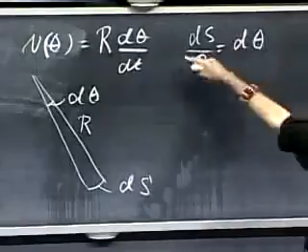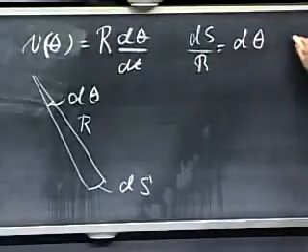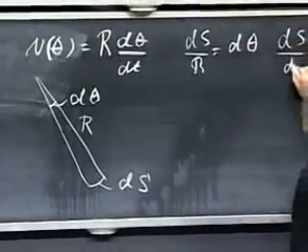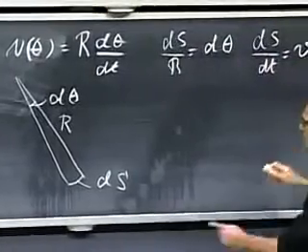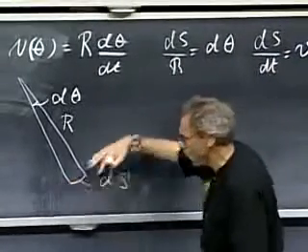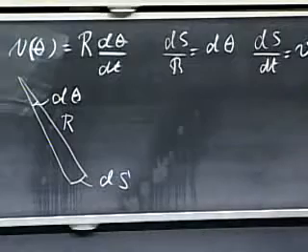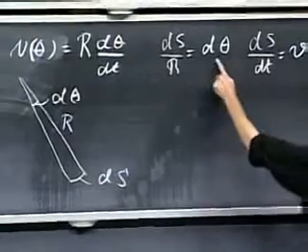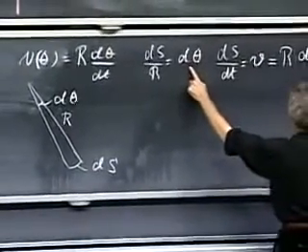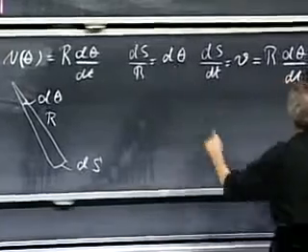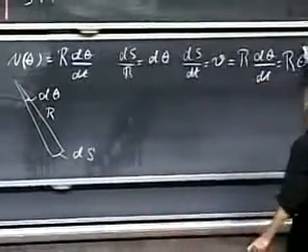So I take the time derivative, left and right. So I get ds/dt, which, of course, is the tangential velocity along that arc, equals r times d theta/dt, for which you can write r theta dot.